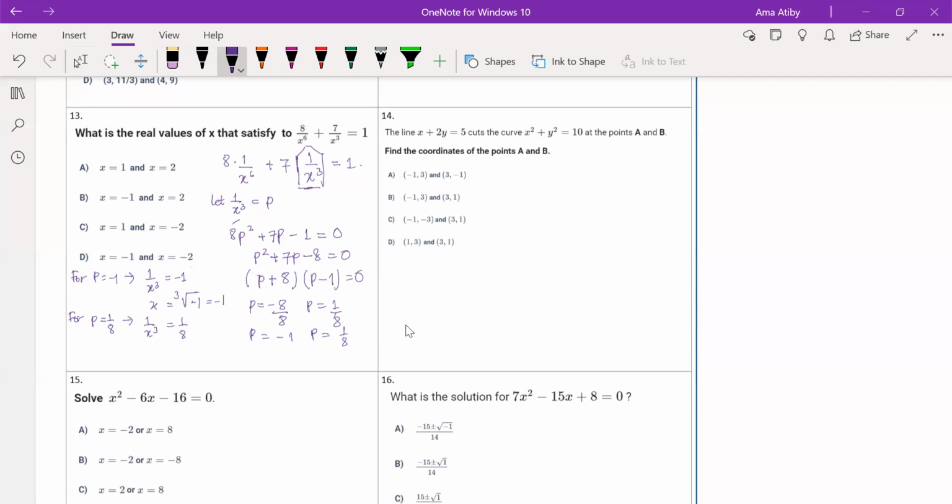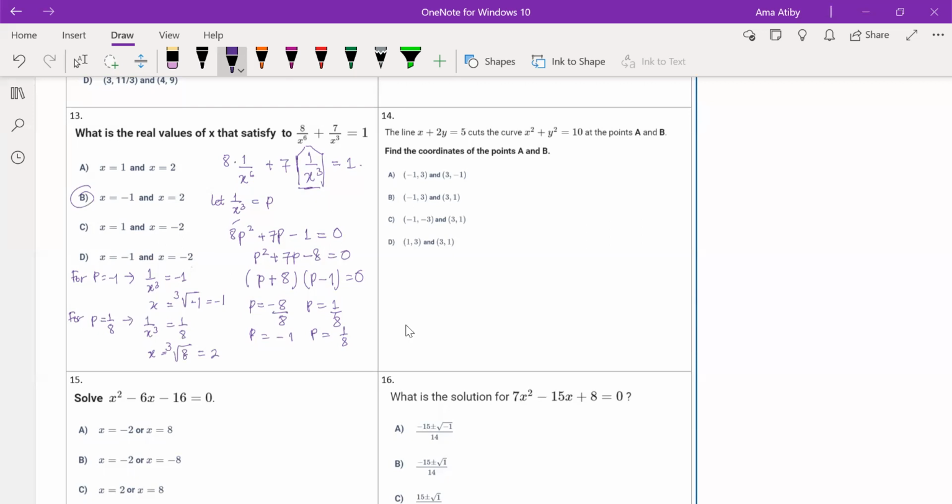Then we will get x as the third root of 8, and this will be 2. So the answers are -1 and 2. Which option is that? That will be B.